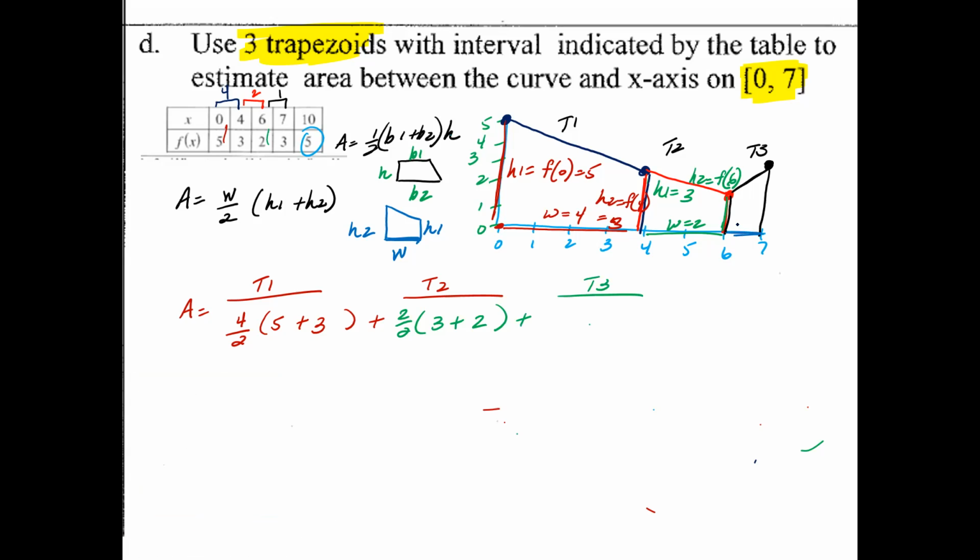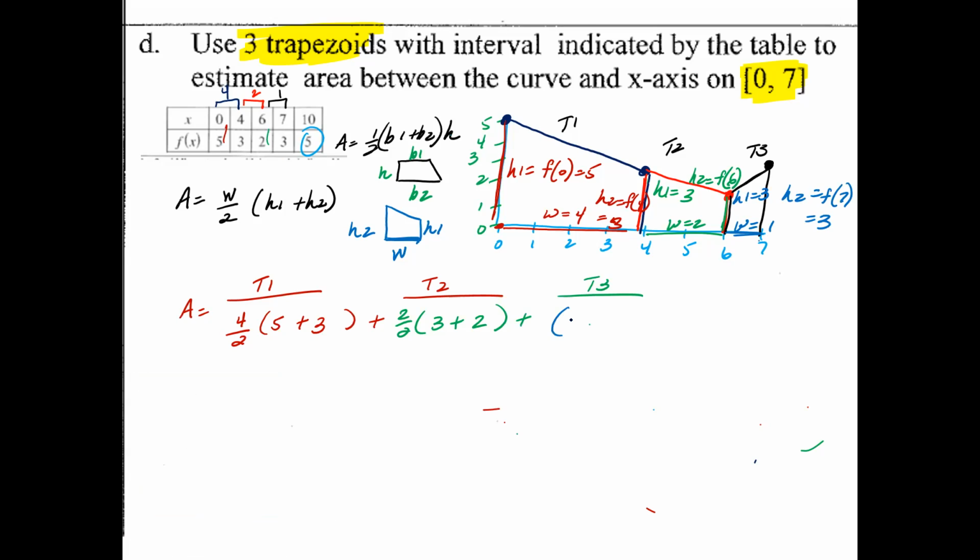Okay, so your width here is between 6 to 7, that's 1. Height 1 is the same thing as the last height, which was 3. Height 2 is the same thing as f of 7. And according to the table, f of 7 is at 3.